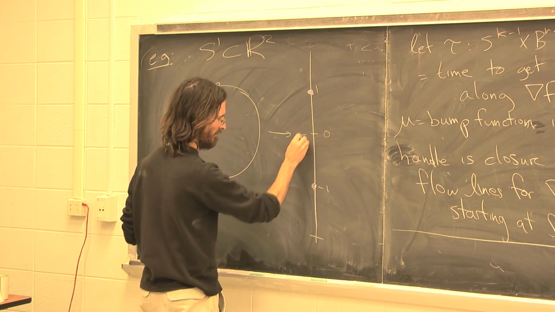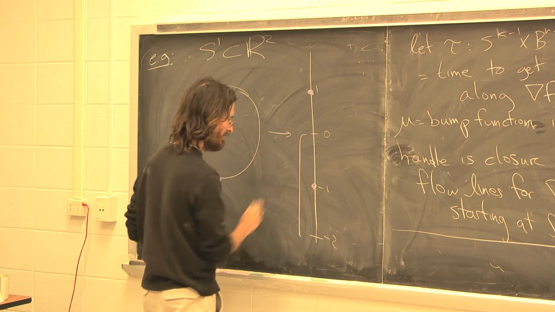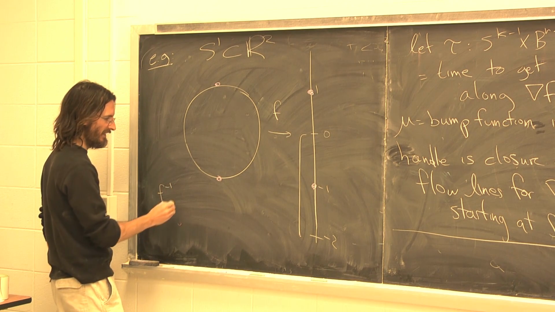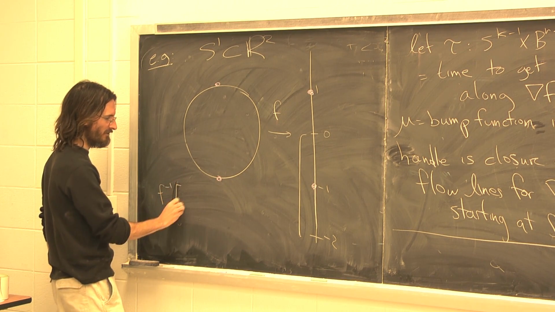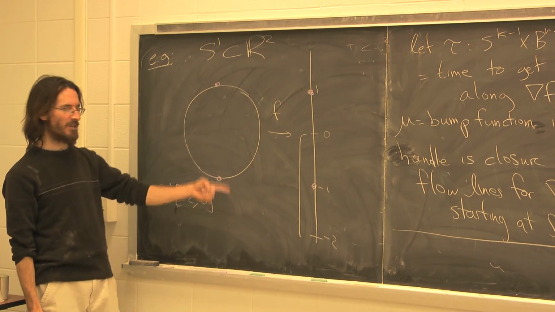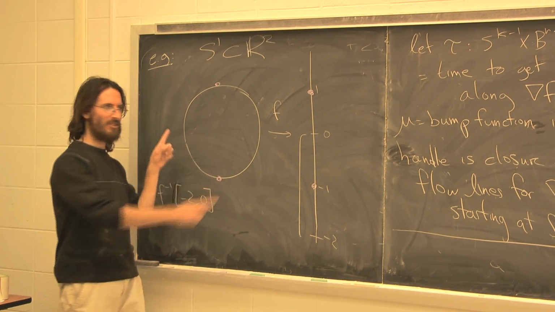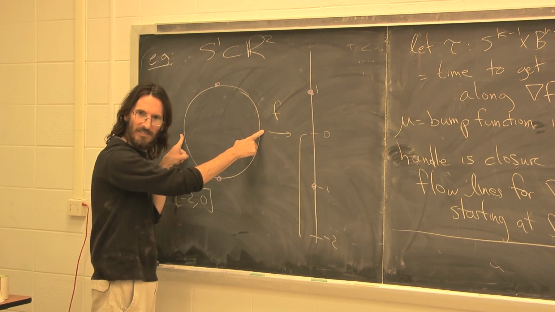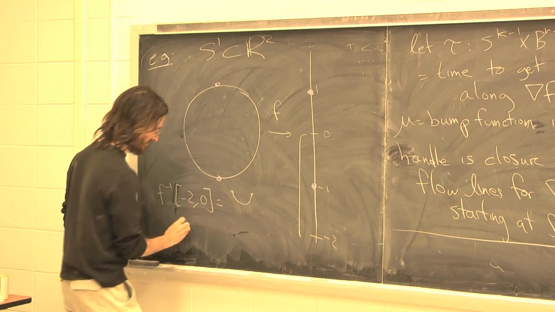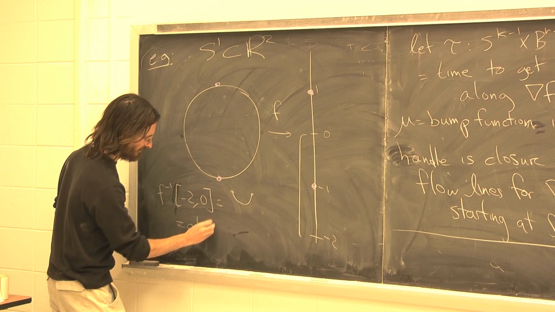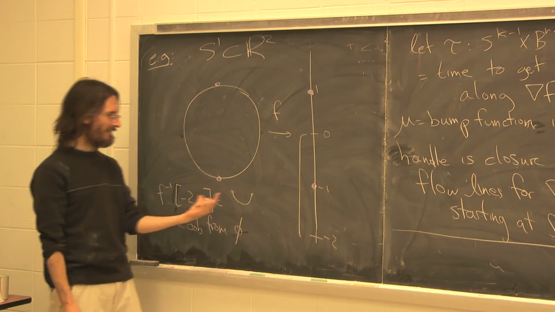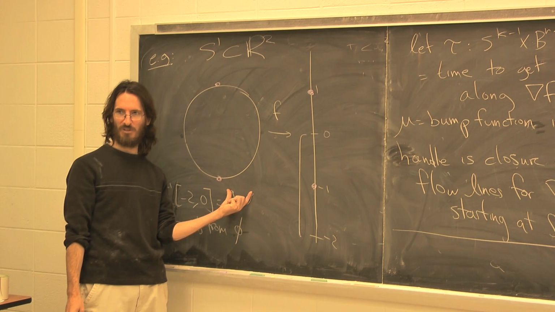Let's think about going from -2 to 0, and this is f. So what about f inverse of the interval -2 to 0? That's a cobordism from what to what? It's a cobordism from the empty set to 2 points. You might ask, why isn't that a cobordism from a point to a point?